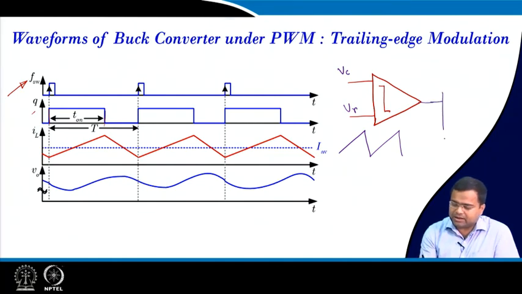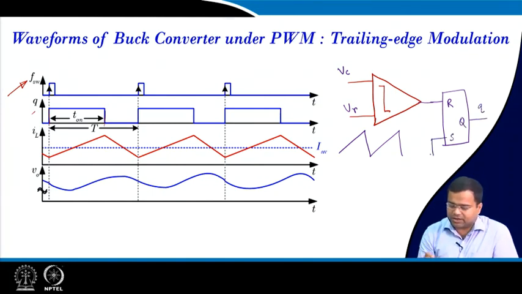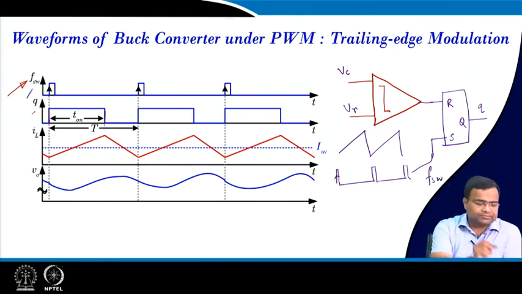Then you add an RS flip flop with inputs R and S and output Q, which is your gate signal, synced with the switching frequency clock. This is my FSW clock, which is shown here.